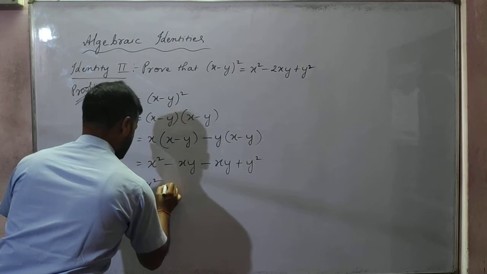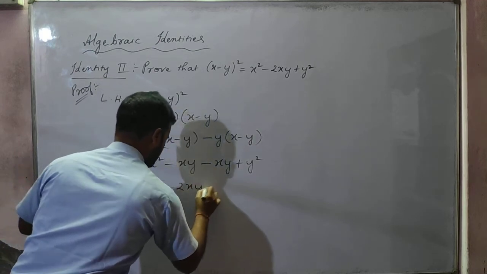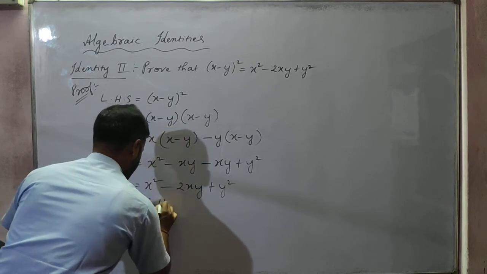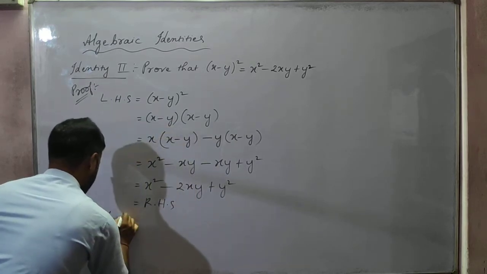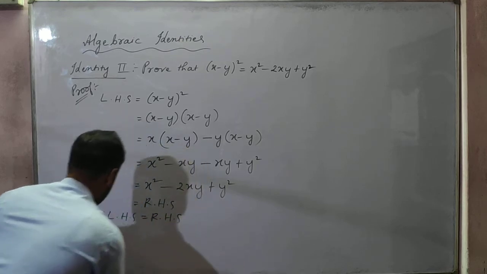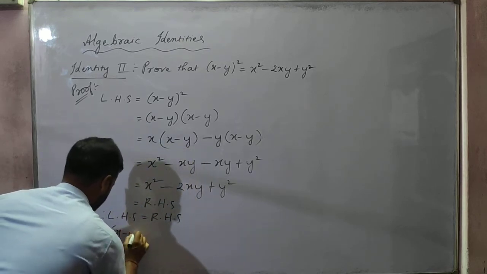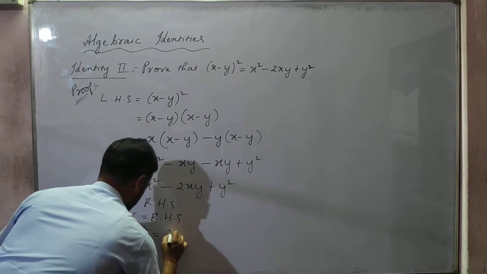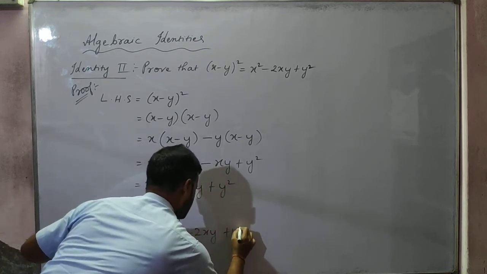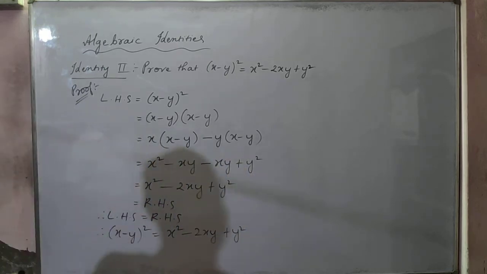So that means x square minus 2xy plus y square, that is equal to RHS. So therefore LHS is equal to RHS. Therefore x minus y whole square is equal to x square minus 2xy plus y square.